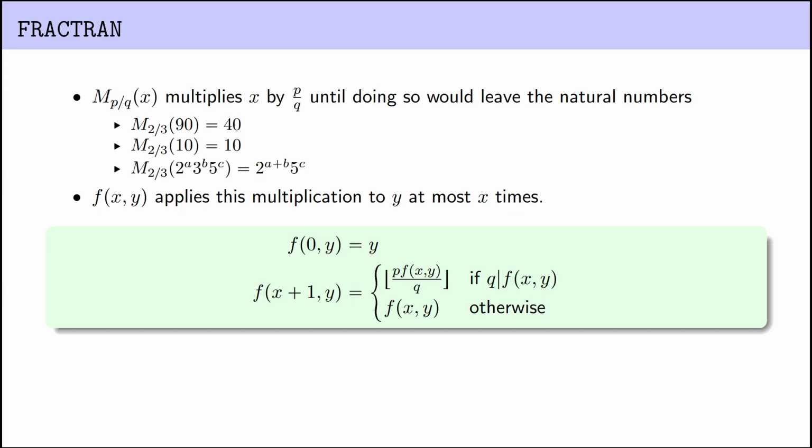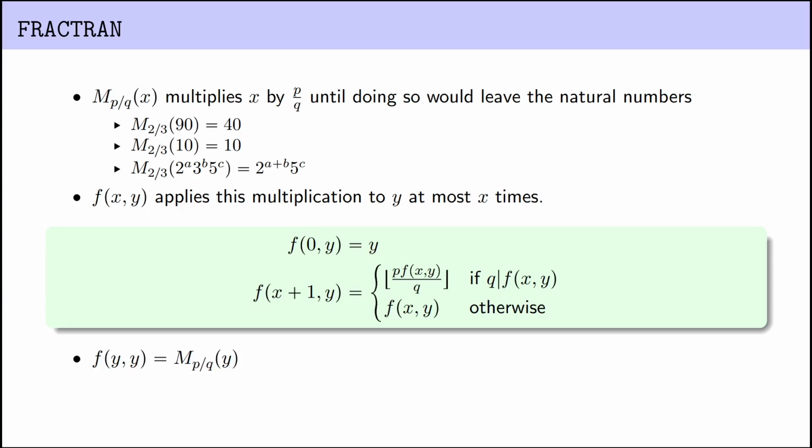We said that f of xy was divisible by q. And don't forget that we can tell if q divides f of xy by checking if f of xy is congruent to 0 modulo q. Q here is a concrete number. And then, of course, if q does not divide f of xy, we've multiplied by p over q as much as we can, so we don't do anything.